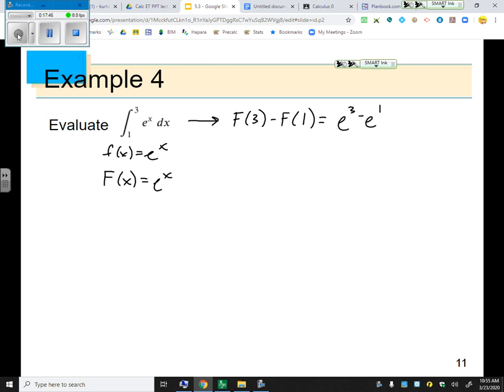I get e to the third minus e to the first, and whatever decimal that may come out to be. Or you can just leave it like this. That's an exact answer that I like. So we have a much easier way of solving these integrals now.